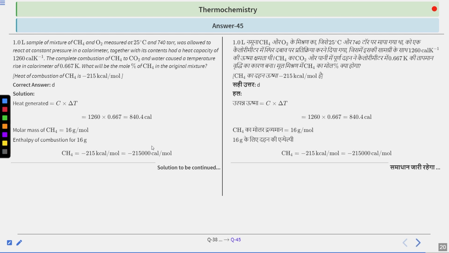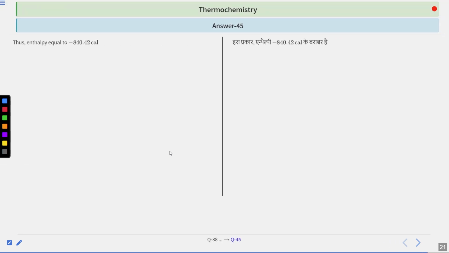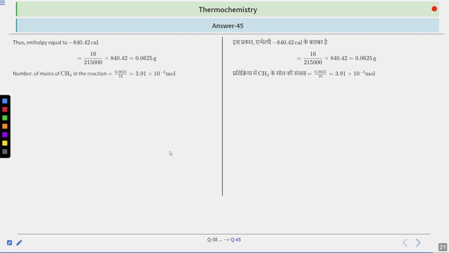Therefore, the energy of combustion of 1 gram will be 215,000 calorie per mole, because I multiplied this by 1000. Thus enthalpy equals minus 840.42 calories. We put this here: 16 by 215,000 multiplied by 840.2. We get 0.0625.